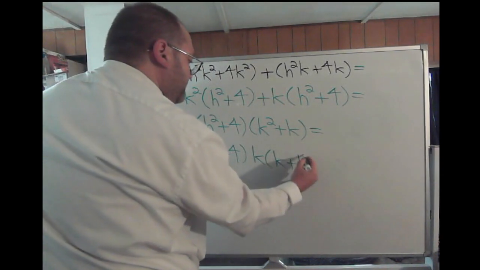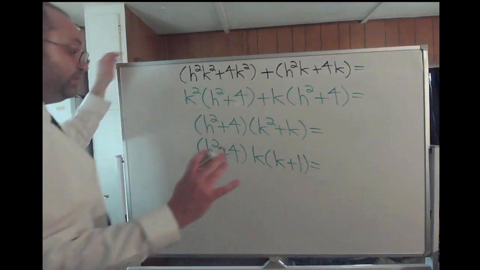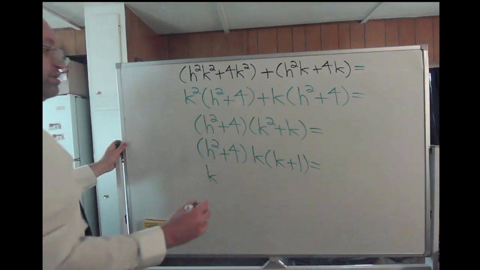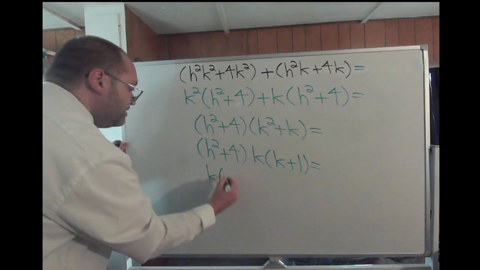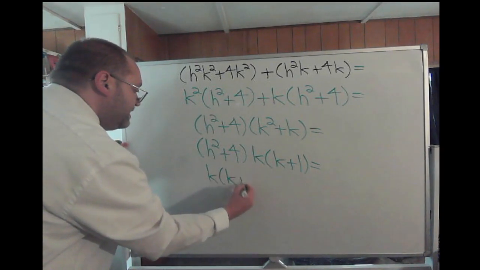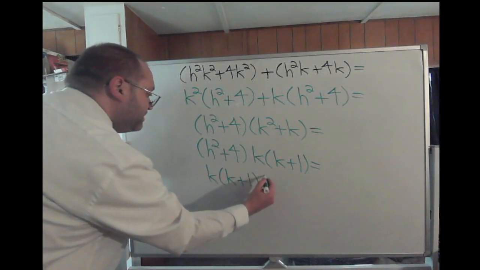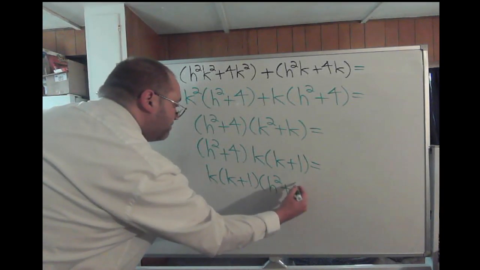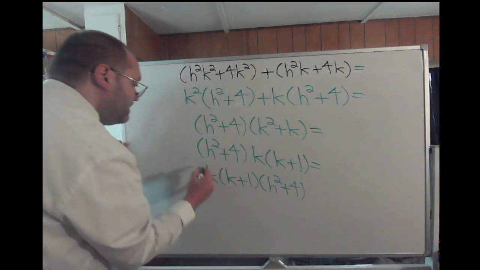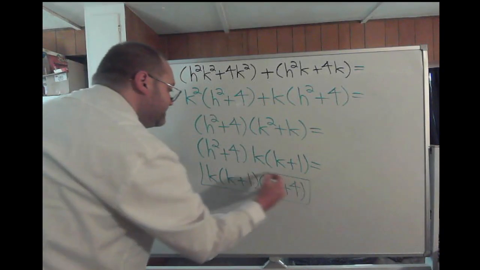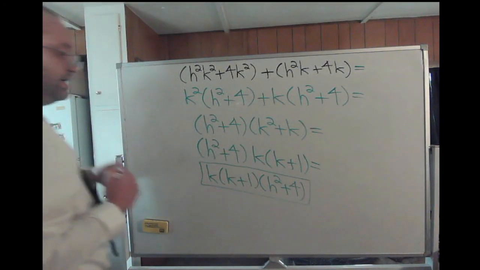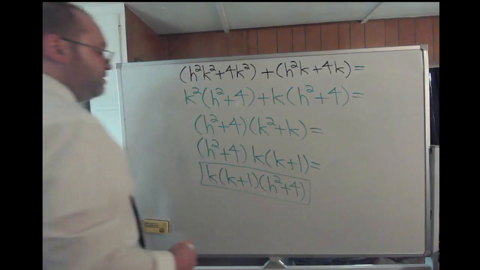That'd just be 1. So really your complete factorization, we're going to switch these around by the commutative property of multiplication and get the same result. You would get k times the quantity of k plus 1 times the quantity of h squared plus 4.